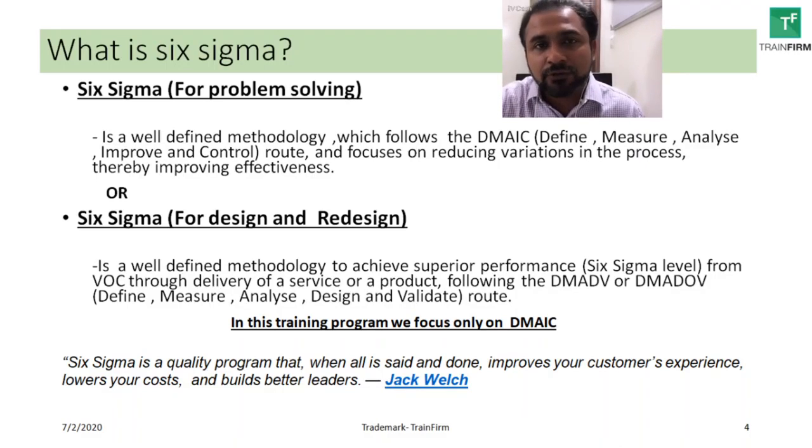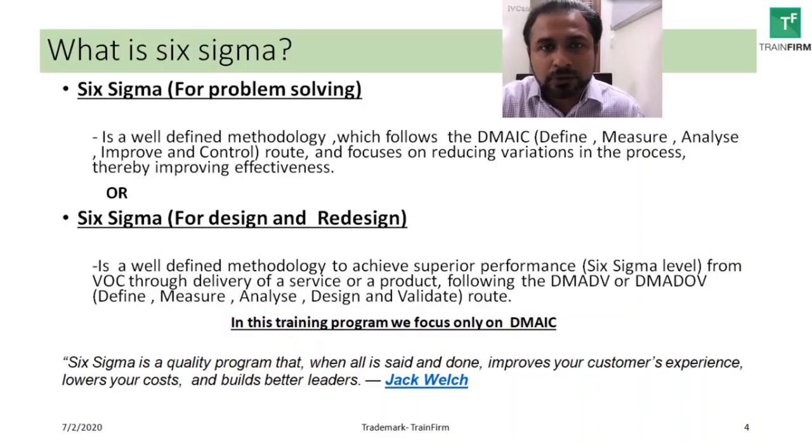We call it design for Six Sigma. Two methodologies come handy there. It's a DMADV method or a DMADOV method, not very different, but it is called define, measure, analyze, design, and validate, okay? So when it comes to designing and redesigning, we use Six Sigma in a DMADV or DMADOV. In generic terms, we call it design for Six Sigma projects, or when it comes to problem solving, we generally use DMAIC. So in this certification program, we're going to talk more about DMAIC, okay, as a methodology.